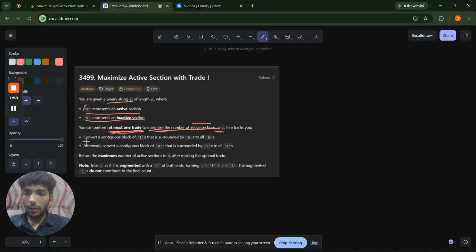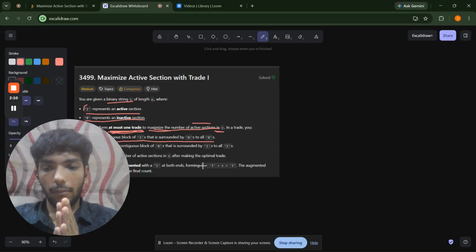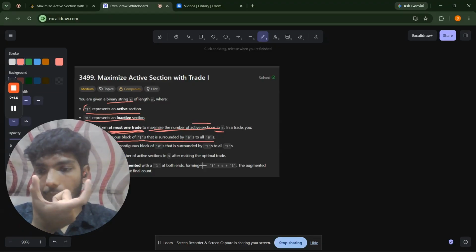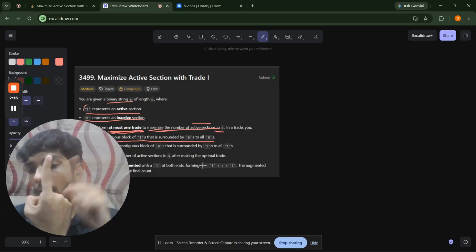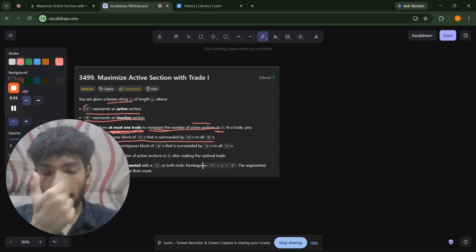We need to convert a continuous block of 1 that is surrounded by zeros to all zeros. Okay, so first, the operation can be done on a continuous block of ones. Either it can be just a single one, two ones, three ones, but it should be ones.